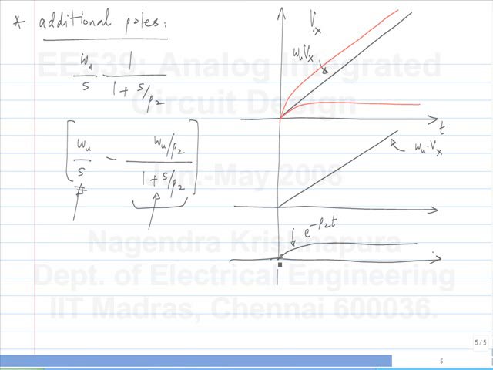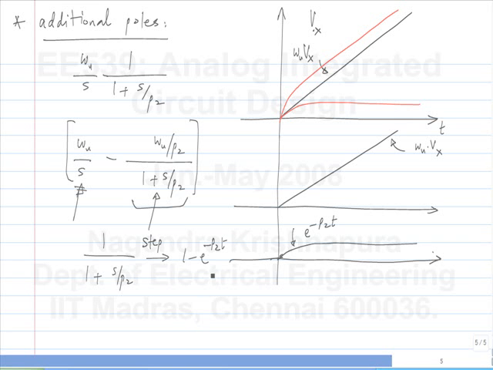What is the slope at the beginning? If the input is a DC of Vx, what is the slope at the beginning of the exponential? So it is actually omega u times Vx. You evaluate it and see. So if you have 1 over 1 plus s by P2, the step response of this is 1 minus e to the minus P2t.